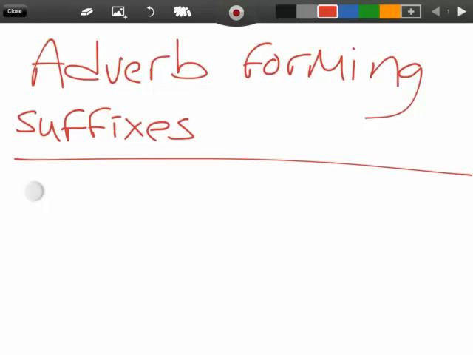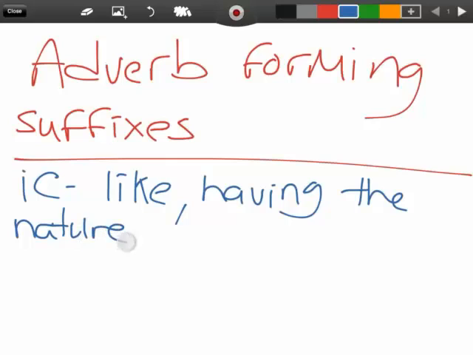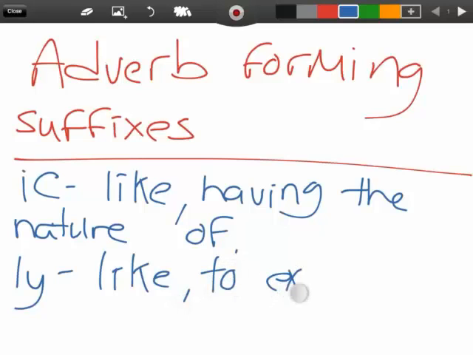And actually there are only two. First one is ly, meaning like or having the nature of. My second one is ily, meaning like or to extent of.